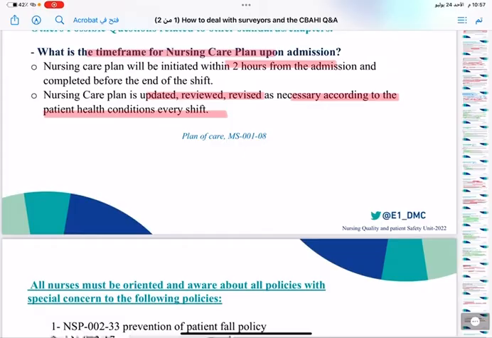There is a part of the nursing care plan, and we will update that every shift in the daily reassessment on the second page. Keep in mind that we are using the King Fahd Specialist Hospital form, and it is available on each computer in your department.